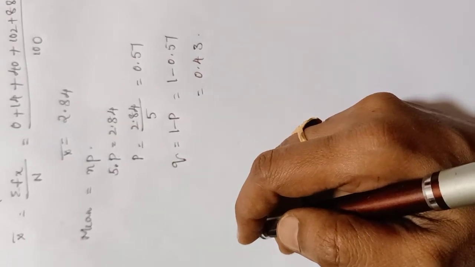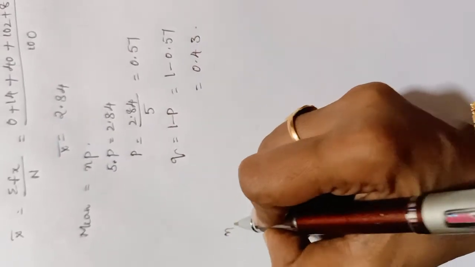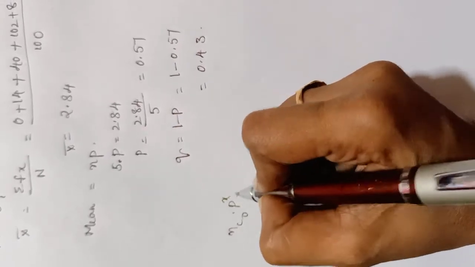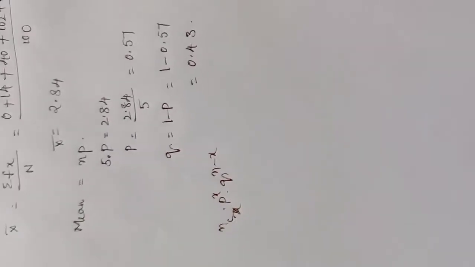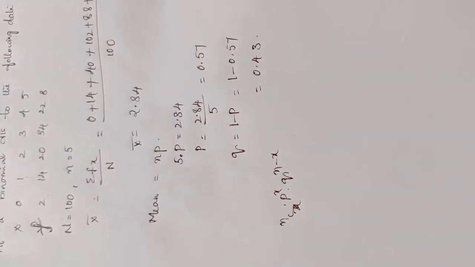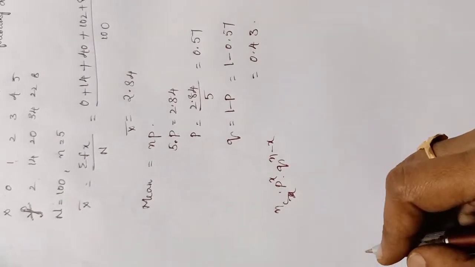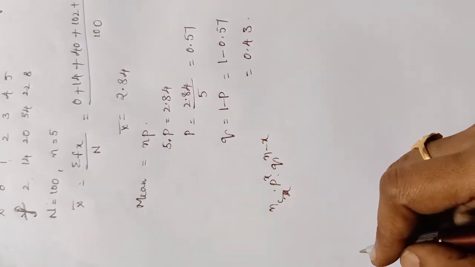Here we have to calculate the binomial distribution, nCx p power x into q power n minus x. So this is the binomial distribution. So here we have to take the expected frequencies.